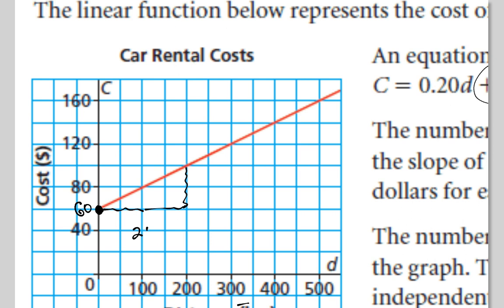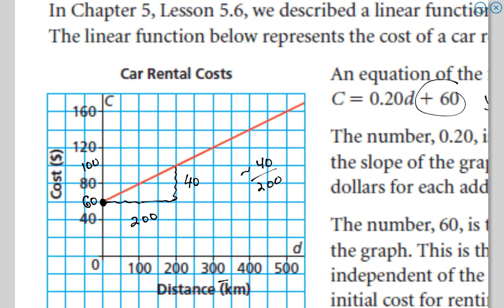I can see a delta x of 200. And from 60 to 100, this looks like about 40. So you can double check 40 divided by 200. Maybe that gives you about 0.2. It might, I'm not sure.